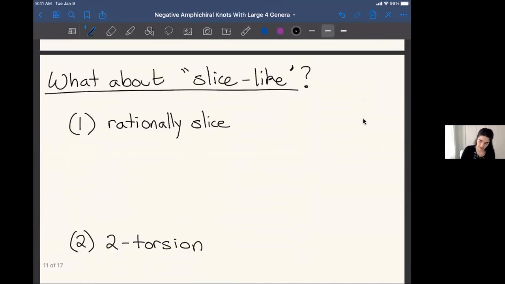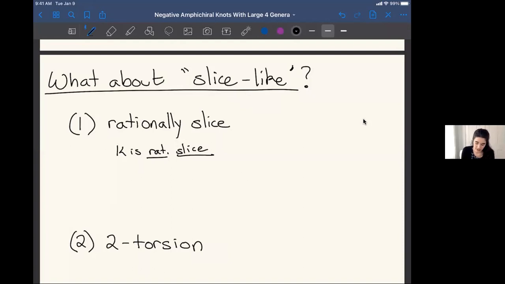So the first one is maybe the least likely that you've heard of before, and it's rationally slice. And so a knot is rationally slice. What I'm going to do is repeat almost the same definition, but I'm going to change the four manifold that the disk is allowed to live in. So we say that K is rationally slice, and still I only am thinking about knots in S3.